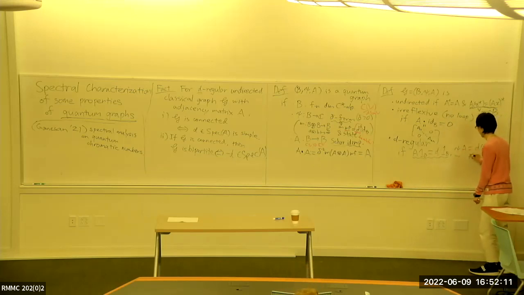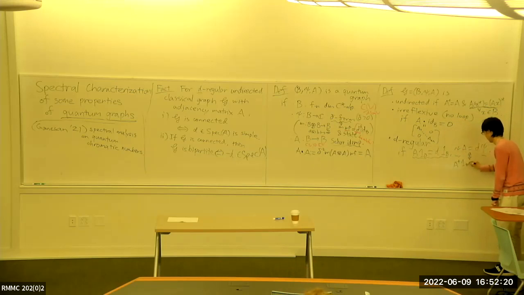Equivalently, this second condition says that A dagger has the eigenvector 1.